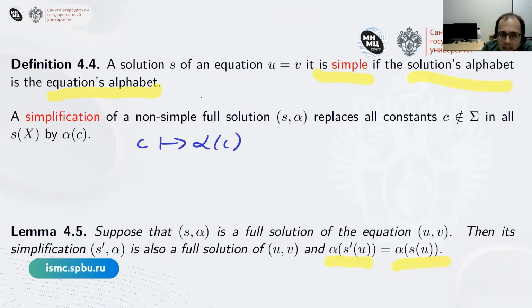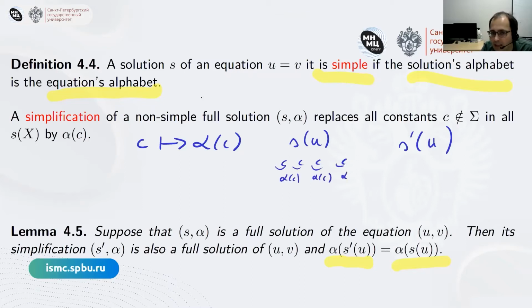So why? Firstly, if we look at S on U and S prime on U, there were some letters C somewhere inside this solution word, and each one of them was replaced by the same word alpha on C. And this C is not in the equation's alphabet, so it doesn't appear anywhere in the equation.